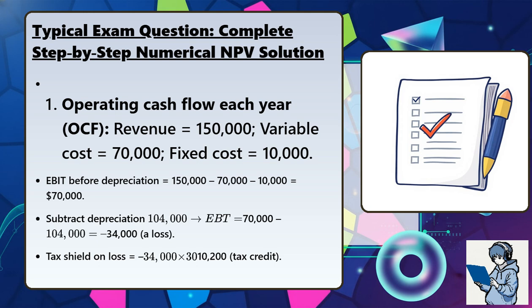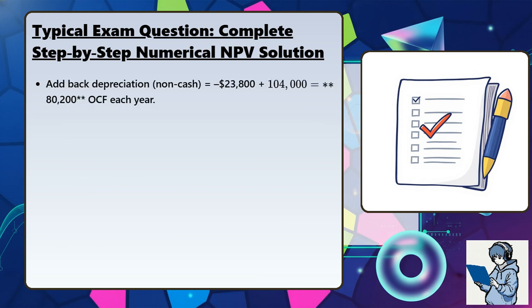Tax shield on loss equals negative $34,000 times 30%, which is negative $10,200, a tax credit. Net income equals negative $34,000 plus $10,200, which is negative $23,800. Add back depreciation, a non-cash item: negative $23,800 plus $104,000 equals $80,200 operating cash flow each year.